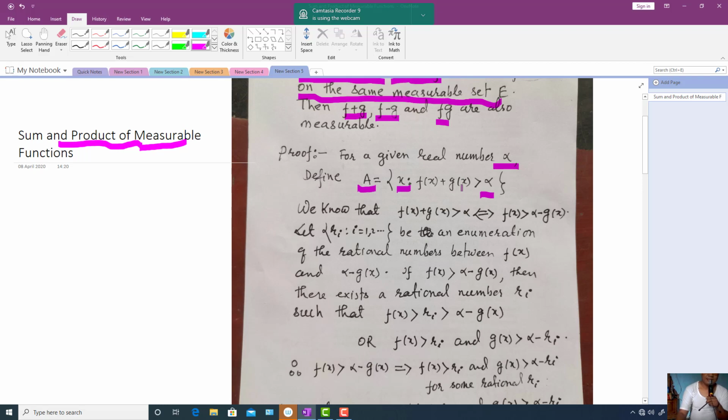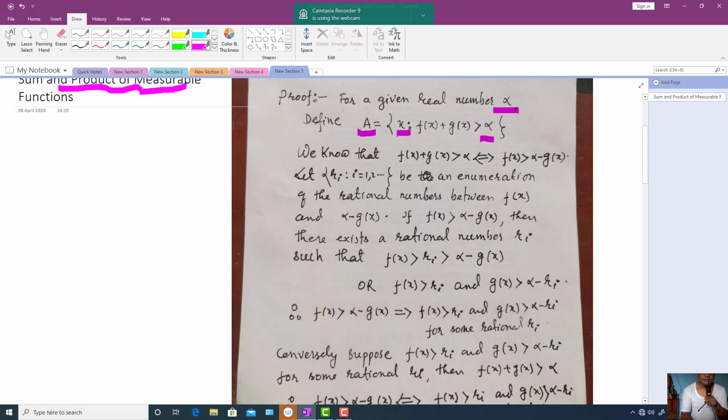Let us see the statement. This one is very easy. f of x plus g of x is greater than alpha implies, after transferring g of x to that side, that f of x is greater than alpha minus g of x.